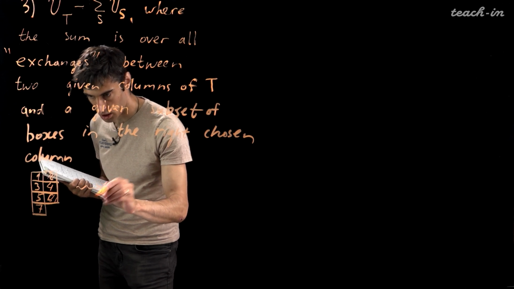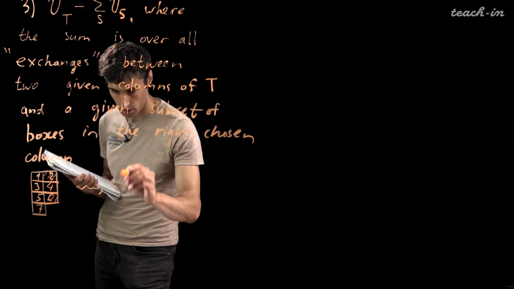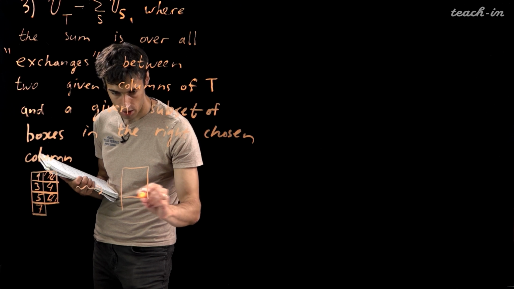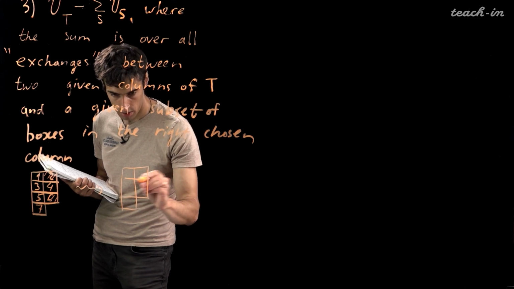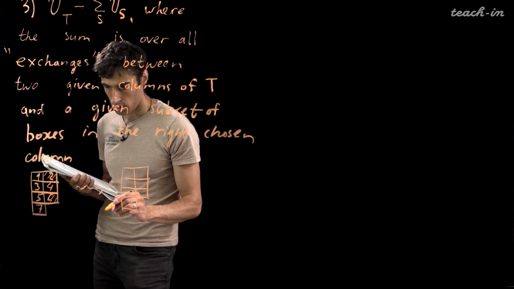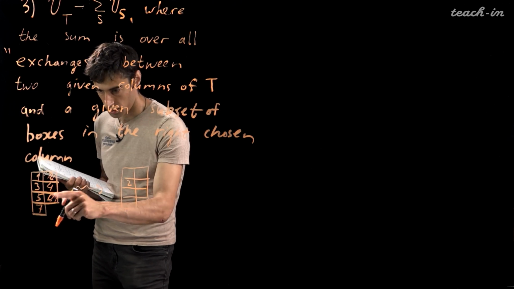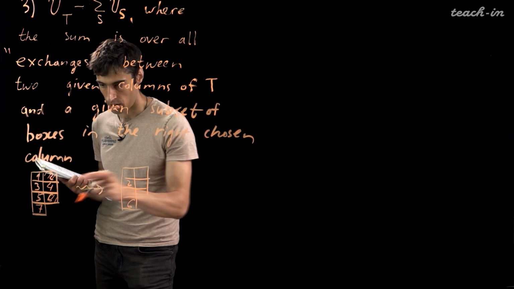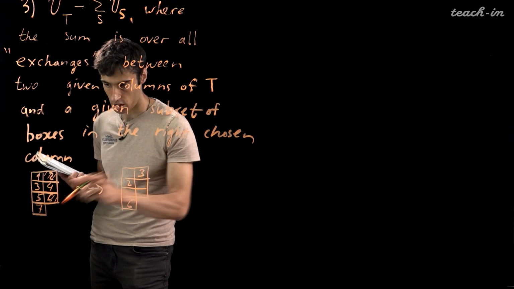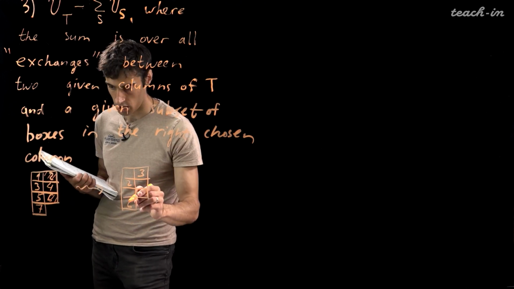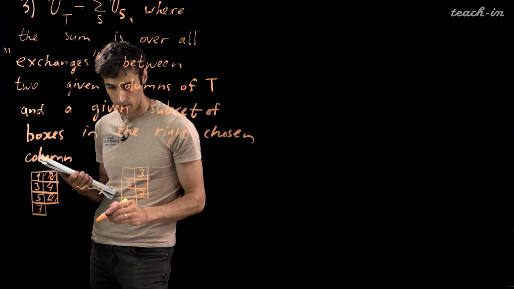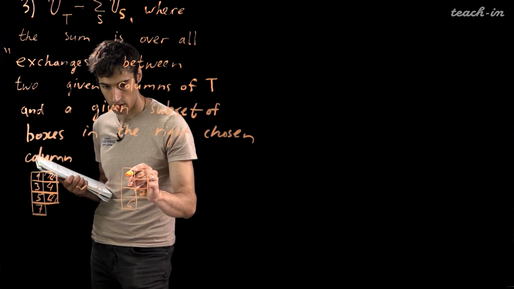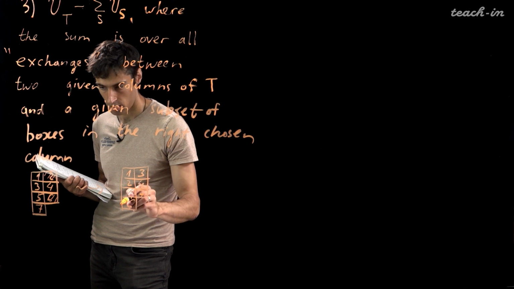So the exchange in this case will be, let me again draw this Young diagram. So 2 goes to here, 6 goes to here, and then 3 is exchanged with 2, 7 is exchanged with 6, and everything else is in its place.